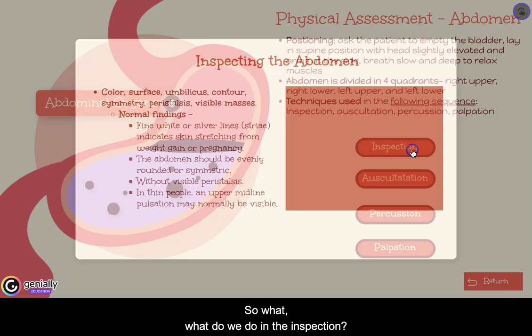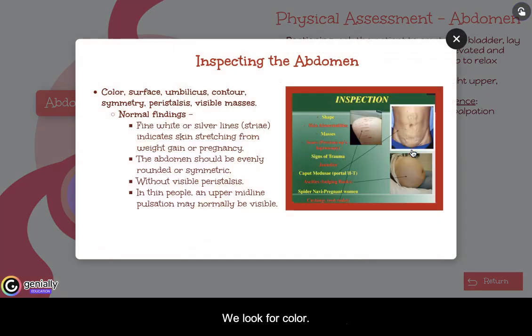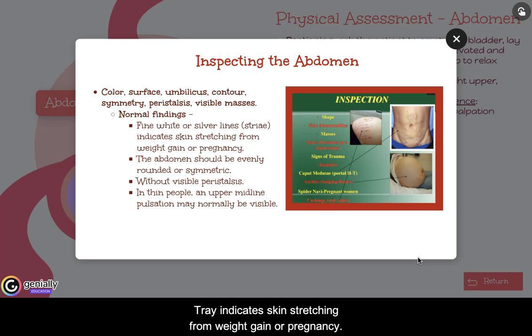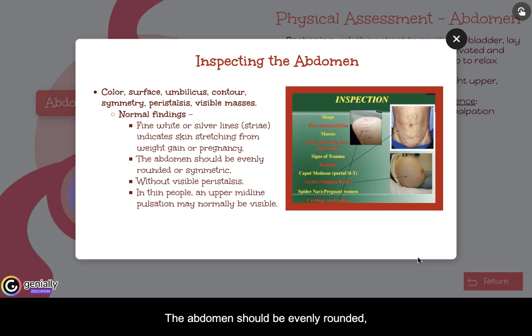So what do we do in the inspection? We look for color, the surface, umbilicus, the contour, symmetry, any visible masses and so on. Normal findings are fine white or silver line striae, which indicate skin stretching from weight gain or pregnancy. The abdomen should be evenly rounded, symmetrical, without visible peristalsis.